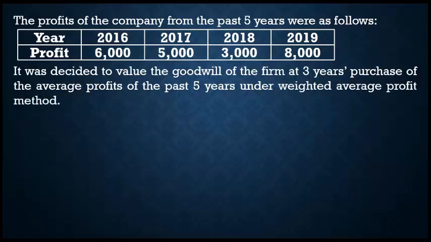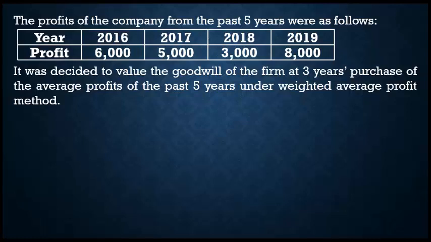In this problem, he asked to calculate the goodwill under weighted average profit method by purchasing 3 years.